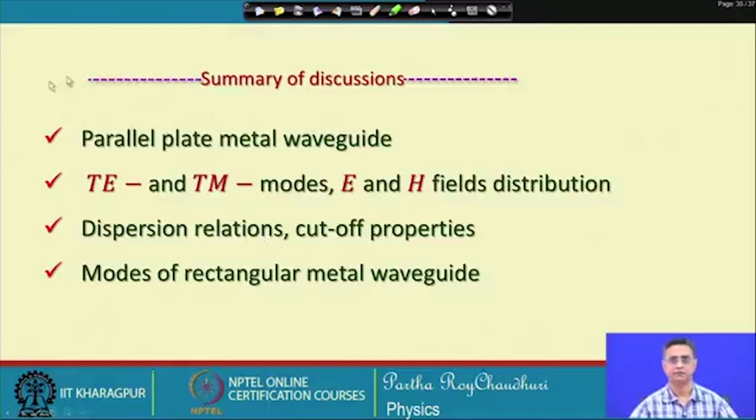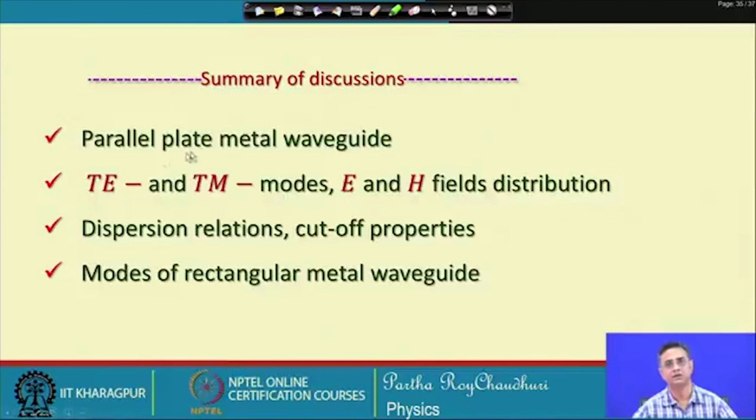Okay, so we have discussed, starting with a parallel plate metal waveguide, the TE and TM polarization orientation of the wave, and that gives rise to the TE and TM modes. And we have also seen the electric and magnetic field distribution across the waveguide for various modes, their dispersion relation, cutoff properties.